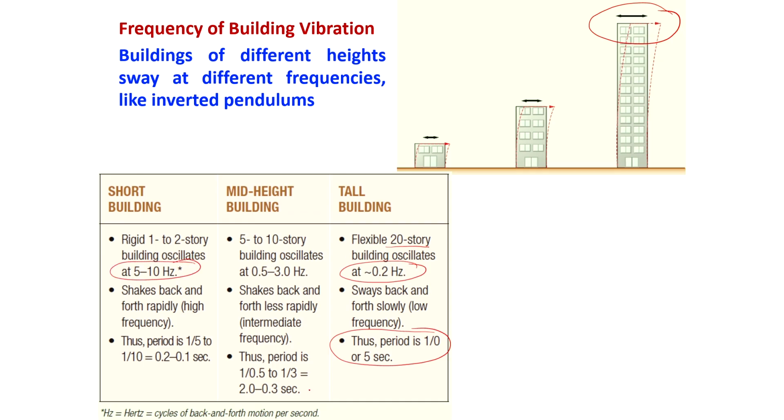So, the time period of this will increase, and that will force towards the more damaging part. So, these are the differences between the taller buildings and the period of oscillation.